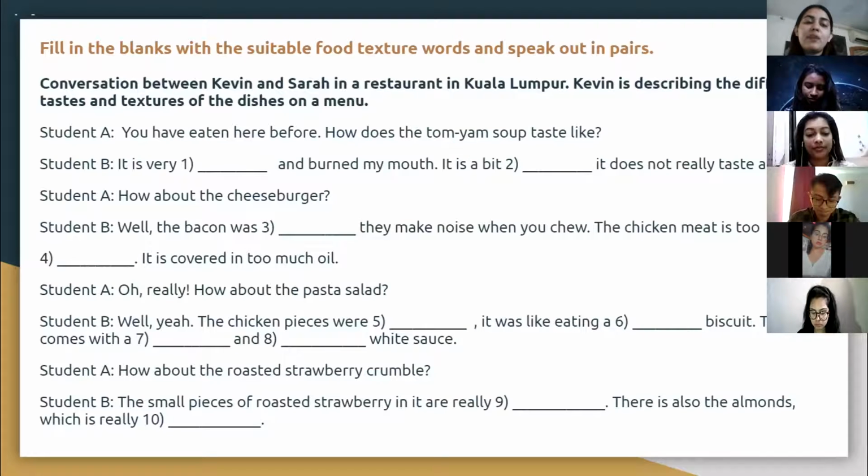Just fill in the blank with whatever words you have already learned. Read carefully and fill in the blank. If you don't understand, you can ask, all right? Read carefully the conversation between student A, student B, Kevin and Sarah.